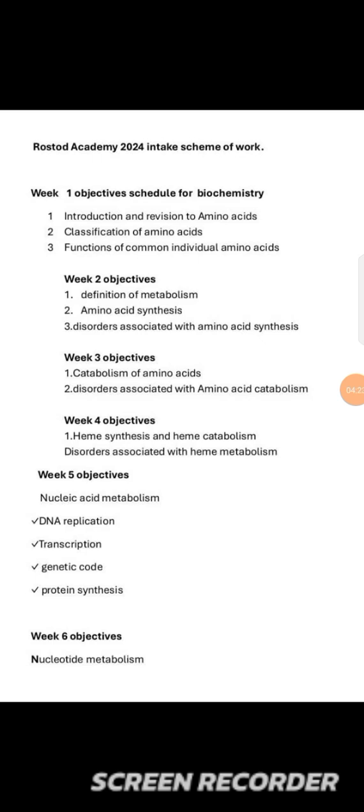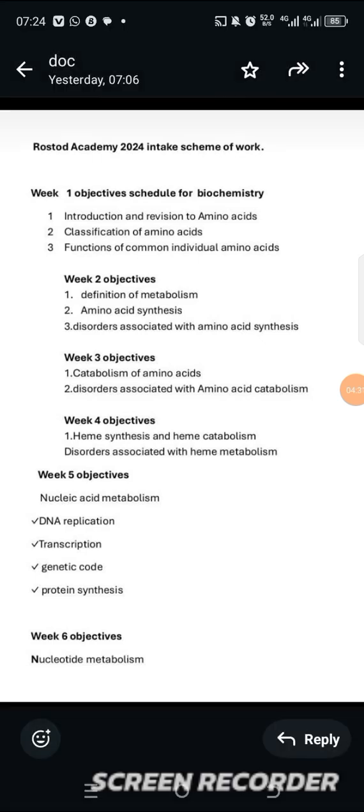First is DNA replication, where DNA makes a copy of itself. Here we talk about transcription, where DNA is converted to RNA. We also look at translation, where we do protein synthesis.